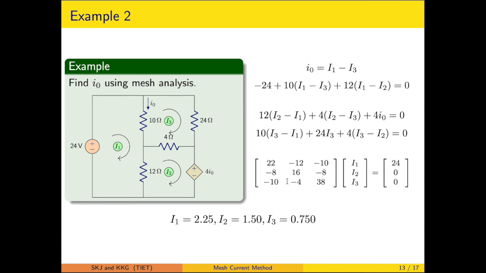So we cannot write this by inspection; we have to be a little careful, write the equations, and do the manipulation simply by substituting this value with the mesh currents. Once the equations are formed, we can solve them either by Cramer's rule, matrix inversion, and so on.